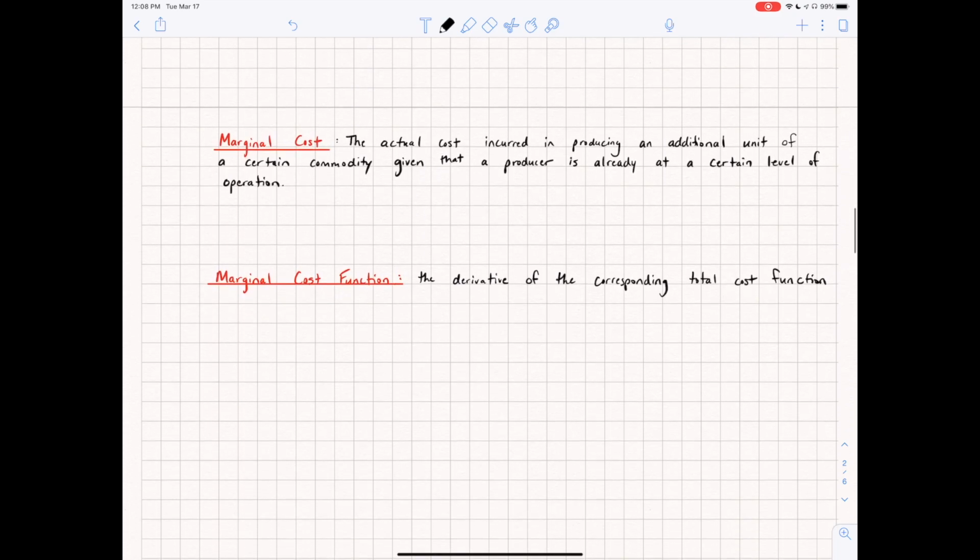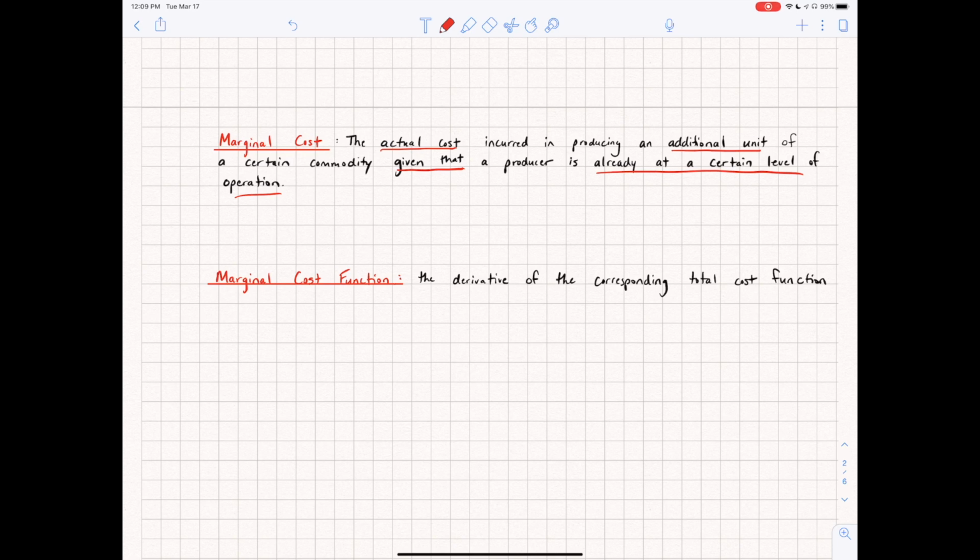So for our specific question, since we're dealing with cost, marginal cost is defined as the actual cost incurred in producing an additional unit of a certain commodity, given that a producer is already at a certain level of operation. So again, we were assuming in that previous problem that we were producing 250 refrigerators.